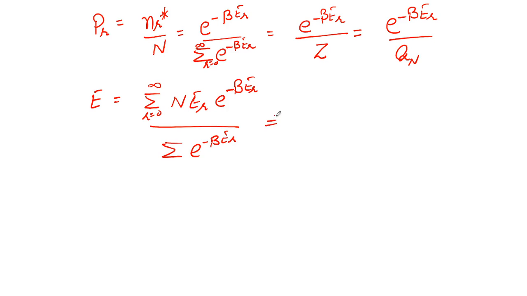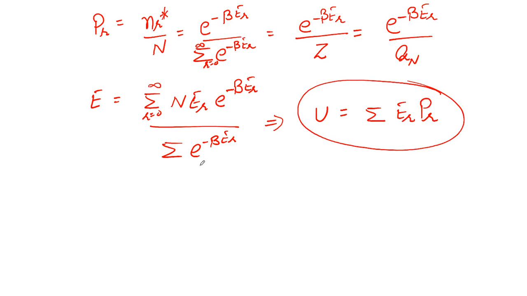From that we derived the average energy per ensemble, which is the summation of E_r into P_r, and we derived the relation between this probability function and this energy function. Let us say this is our equation number 1 and this is our equation number 2.